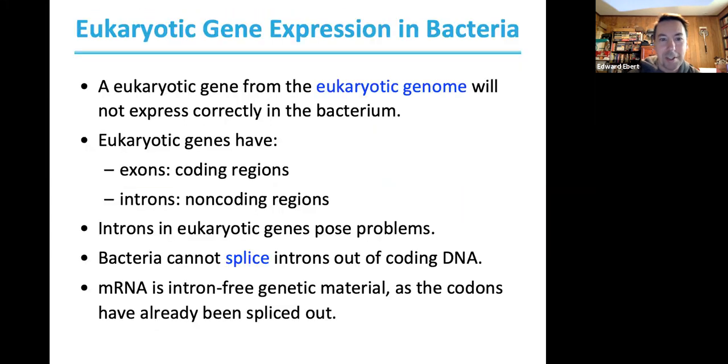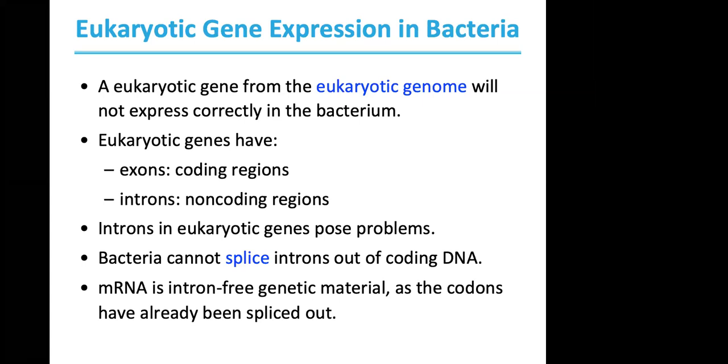All right. But anyway, bacteria typically can't splice introns out of the coding DNA, so we're going to work around that. What we're going to do is use a constructed DNA, or a cDNA.